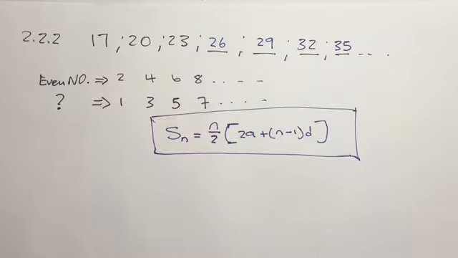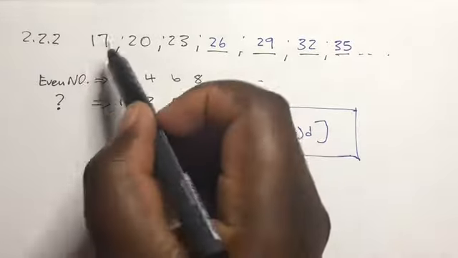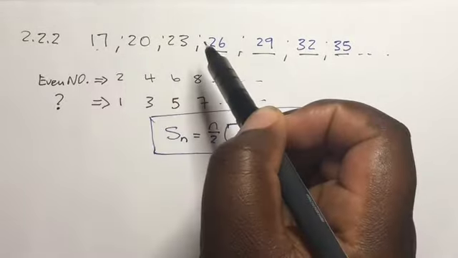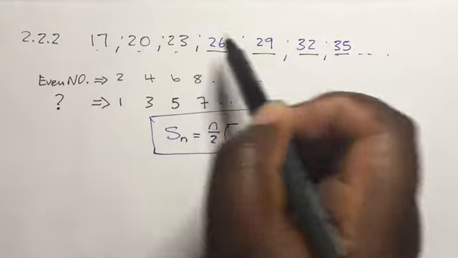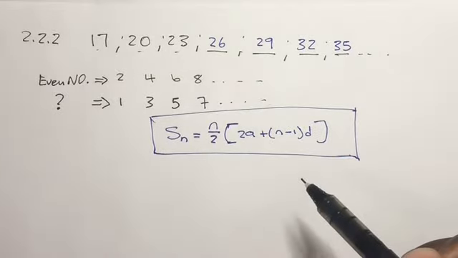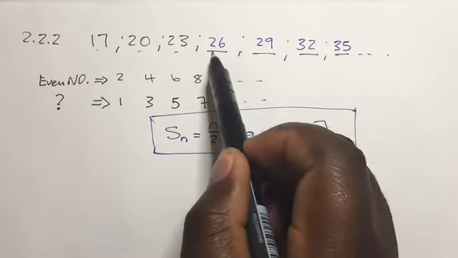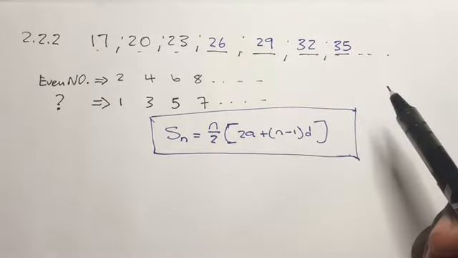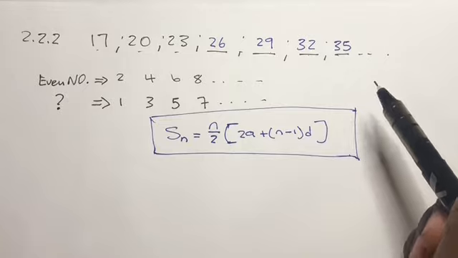And the first thing that you need to do is to extend the given sequence. So what I mean by that, remember we're given 17, 20, and 23. So when I say you need to extend the sequence, is to get these additional terms of the sequence.